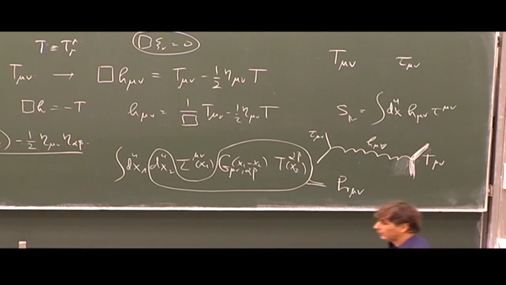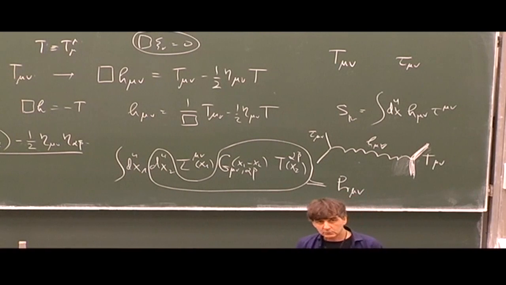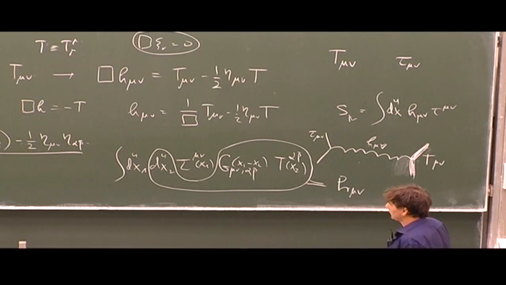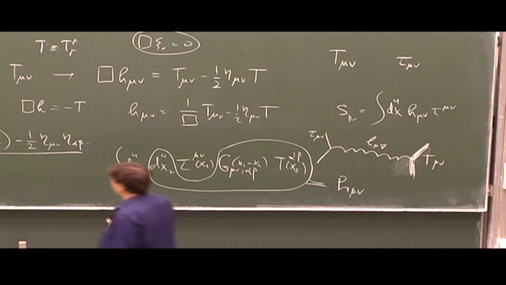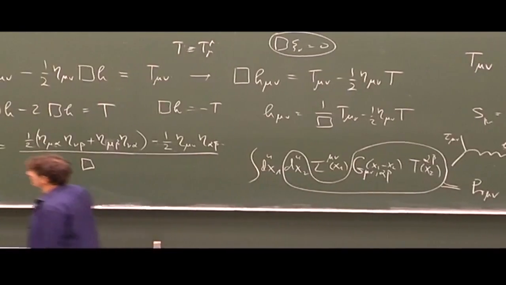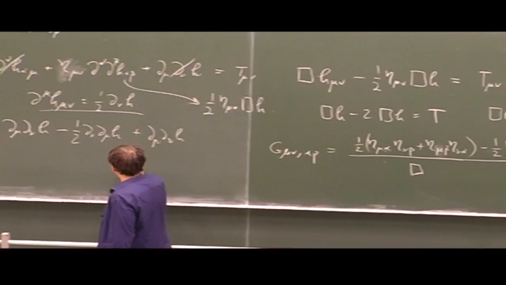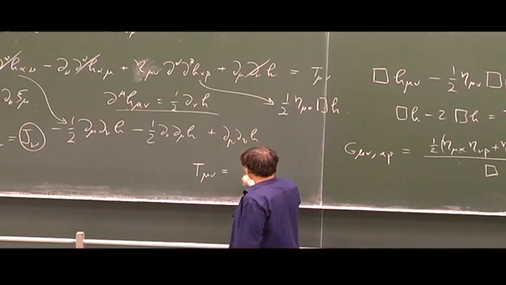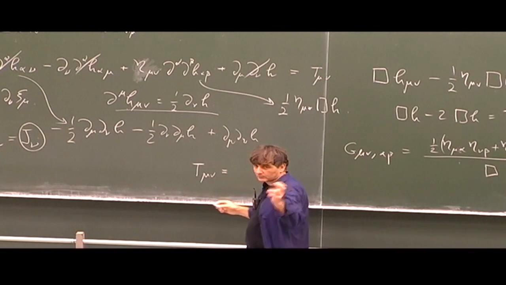Now, you can have sources which make sense and they have negative pressure, okay? And among such sources, the story may be different. For example, a source of the type, let's say, a cosmic string, for instance, okay?